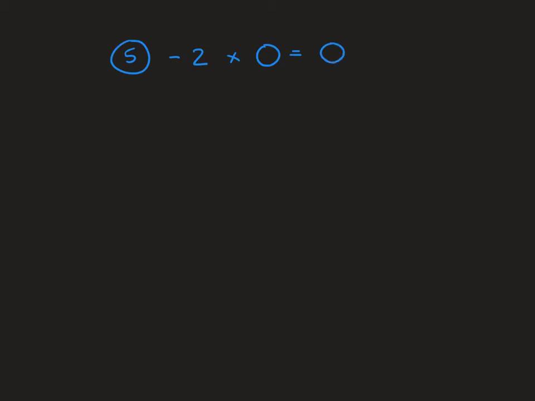And this isn't a real problem. This is just me explaining. Anything times 0 is going to give you 0. 0 times 0 is going to give you 0. 5 times 0 is going to give you 0. Okay? So that's actually really important to think about. No, just tell me what it is. Don't worry about it.